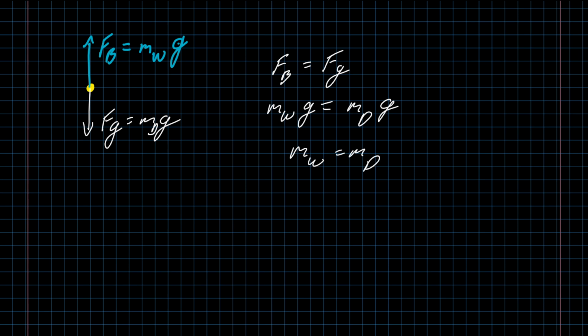So we now have the conclusion that the mass of the water and the mass of the duck are equal. And if two things have the same mass and they are in the same gravitational field, namely the surface of the Earth, then they have the same weight as well.